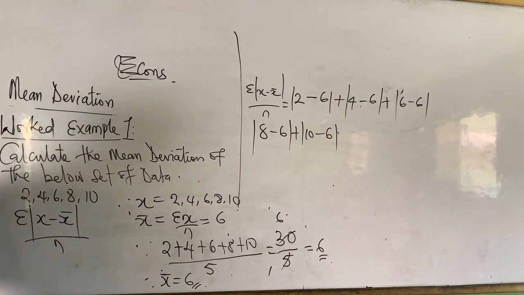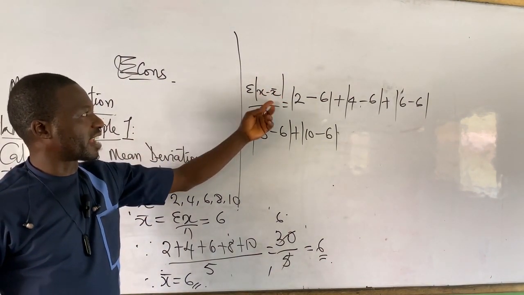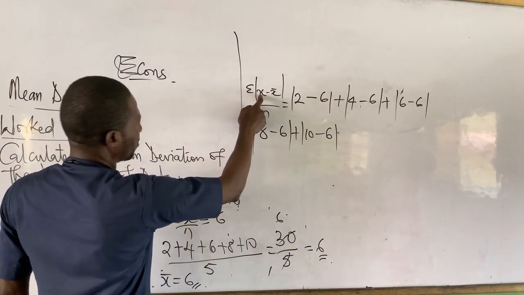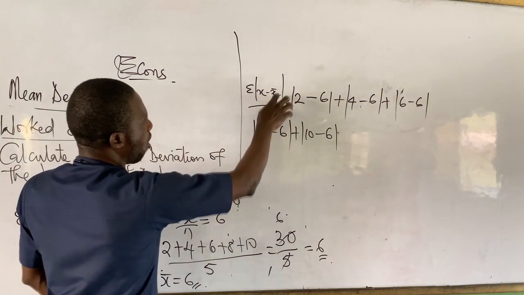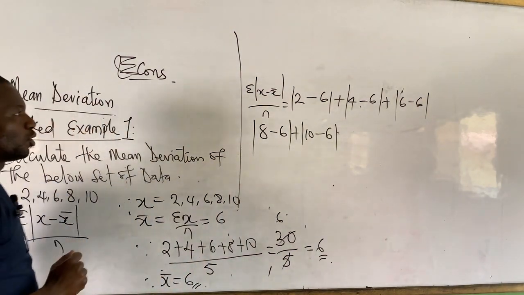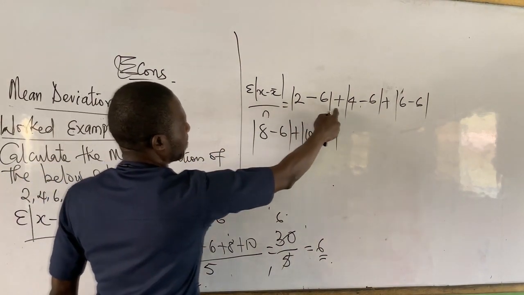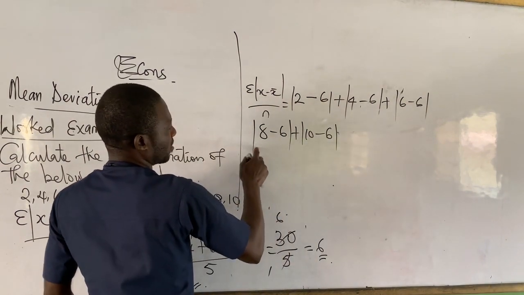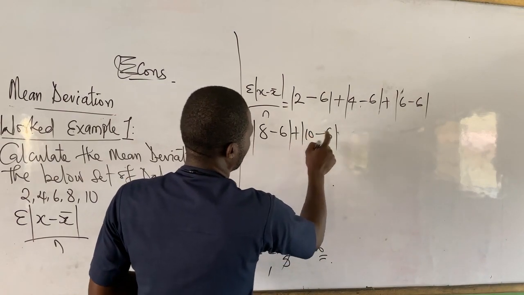Now, we have been able to understand what the modulus of x minus bar x means, which is telling us that each data given to us as x is going to subtract the value given as bar x. There we have 2 minus 6 plus 4 minus 6 plus 6 minus 6 plus 8 minus 6 plus 10 minus 6.